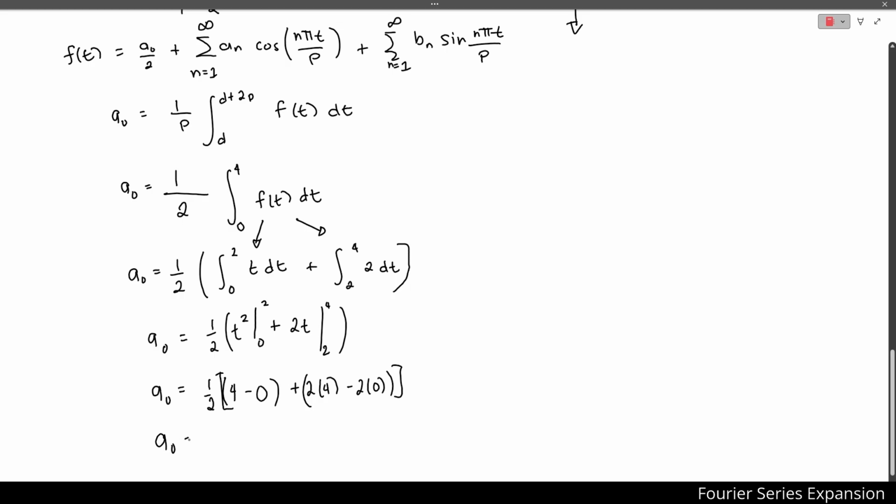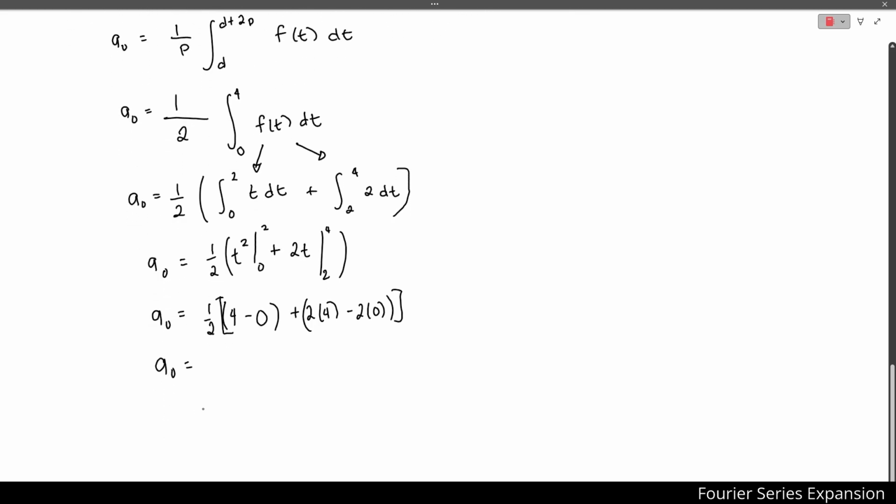So a naught would then be equal to 1 half of 6, which is 3.